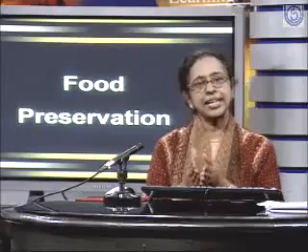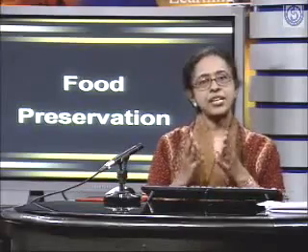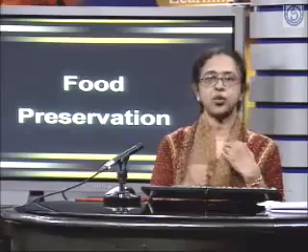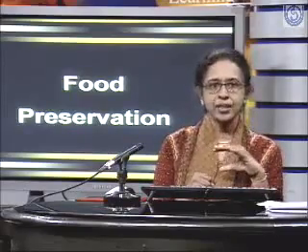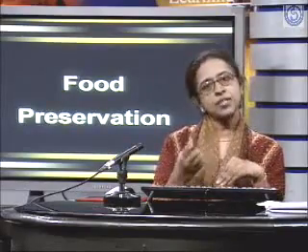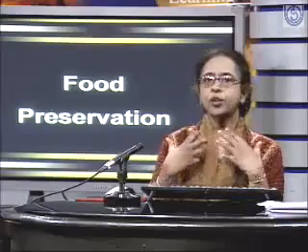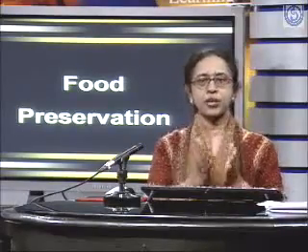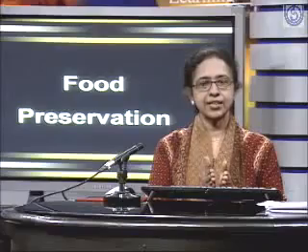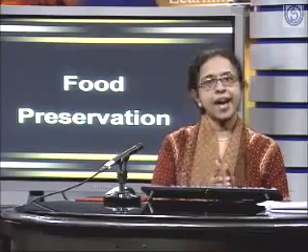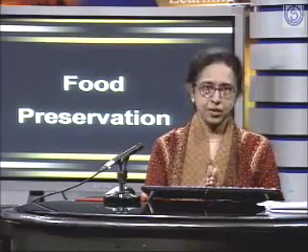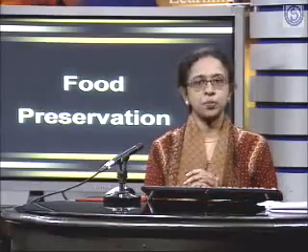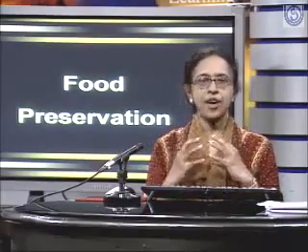They are usually inactivated. The reason is that the proportion of water in the microorganisms is usually very high, and the moment this water is removed, they cannot grow and they cannot function as they normally would. So in effect, activity is curtailed, the food spoils slower, and we have a process of food preservation.